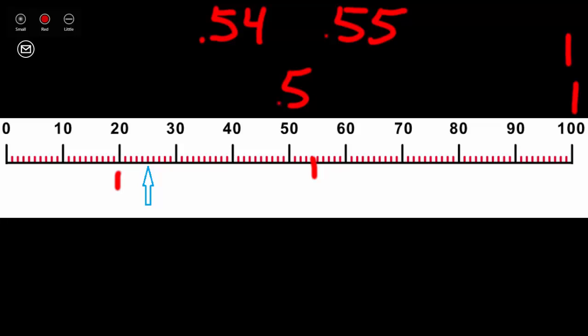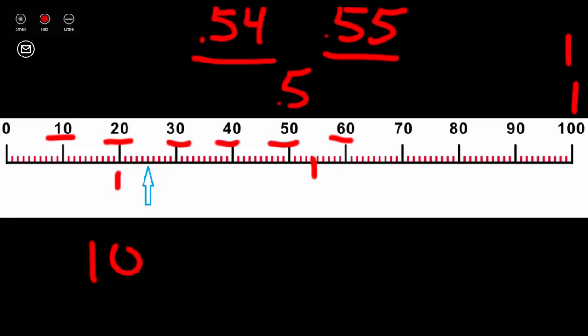Now if we wanted to find out exactly how to label that hash mark, if it is directly between 54 hundredths and 55 hundredths, we would have to break our number line up into even smaller pieces than 100. Now it's first broken into tens, 10, 20, 30, 40, 50, 60, all the way to 100.